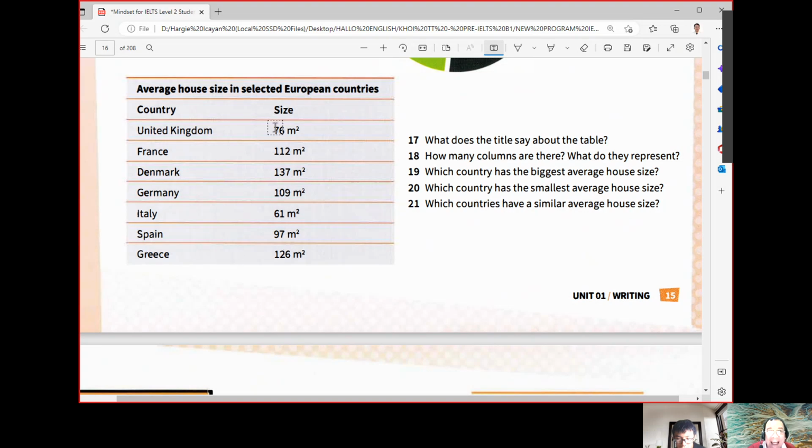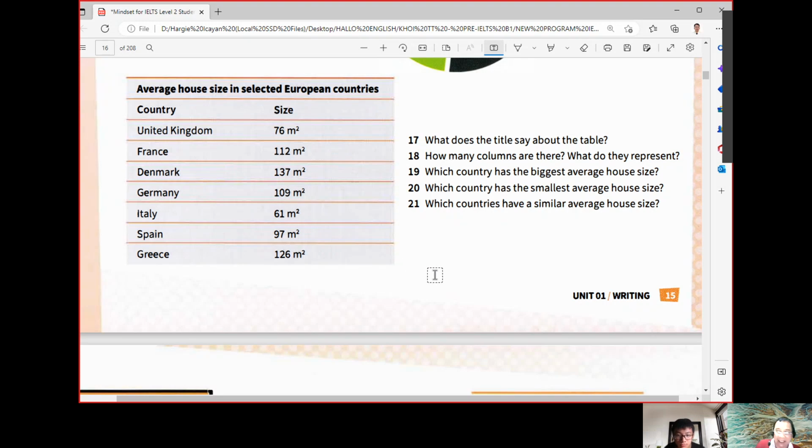After that, there would be columns. First column, the country. The second column would be the size. We don't have the y-axis, the vertical axis or the horizontal axis. It's just column 1, what it represents, and column 2, what it represents.